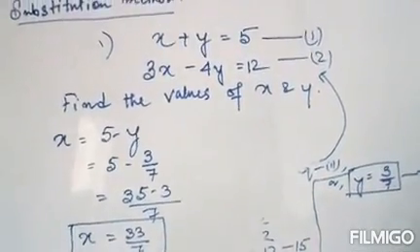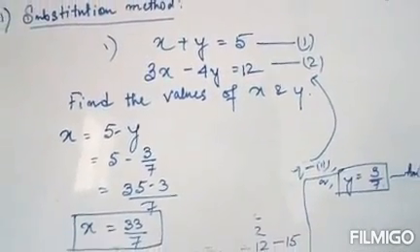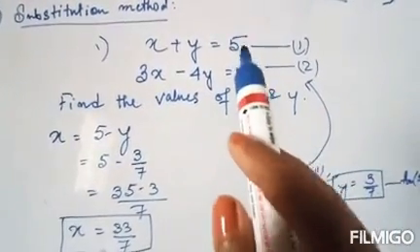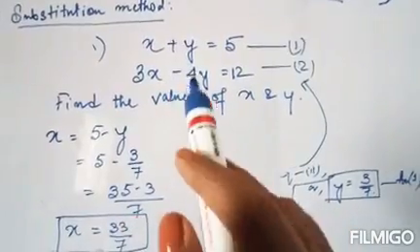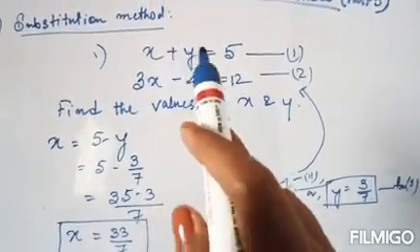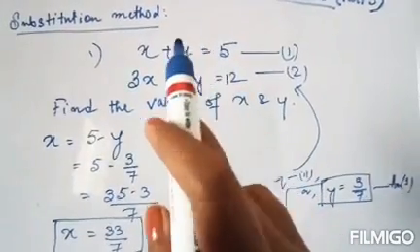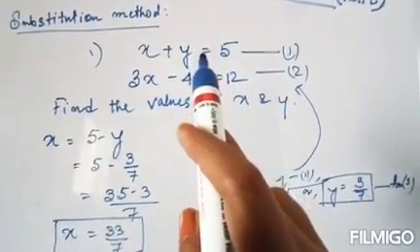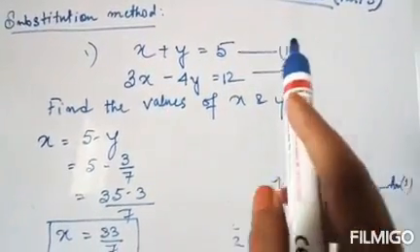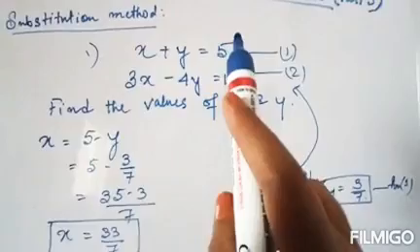Understood? So this is how we solve using the substitution method. We take any one of the two equations, and from there we make any one variable the subject of the formula, which means using the other variable we find its value.